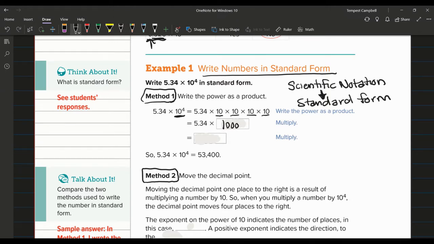Then we multiply these two numbers together. So we had 5.34 times 10,000. We plug it into a calculator, and then we should get our answer of 53,400.